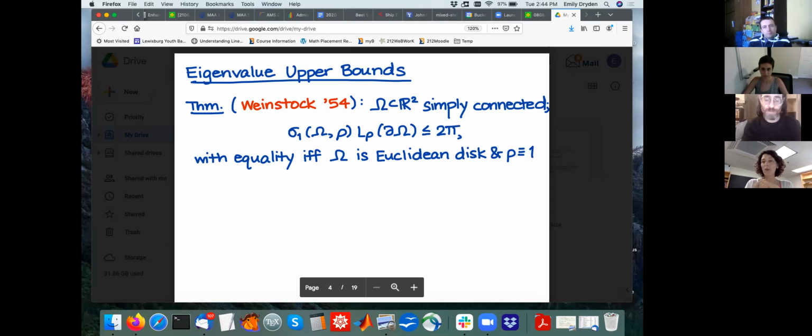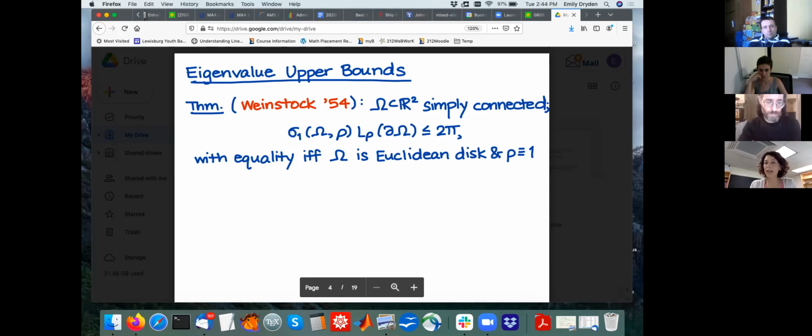That product, what I'll refer to as our normalized Steklov eigenvalue, is less than or equal to 2 pi. Okay, so it's a nice clean upper bound. We have equality if and only if omega is the Euclidean disk and rho is identically equal to 1.